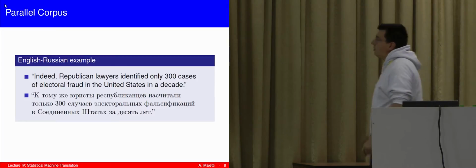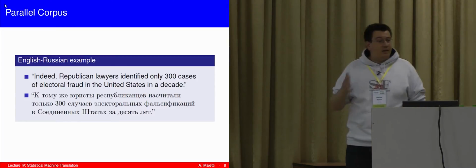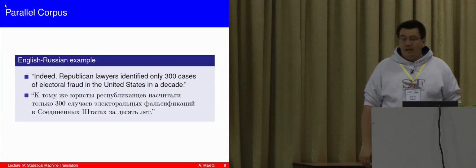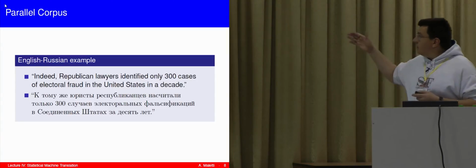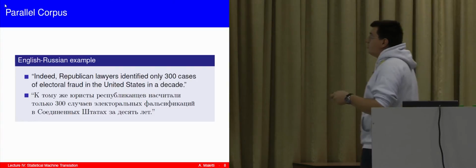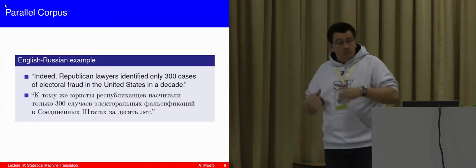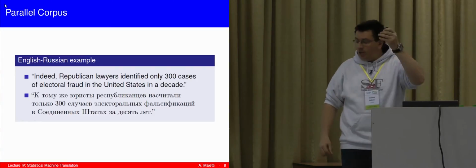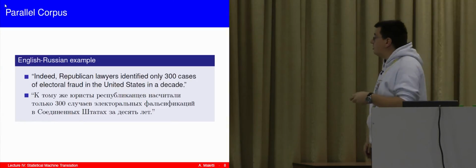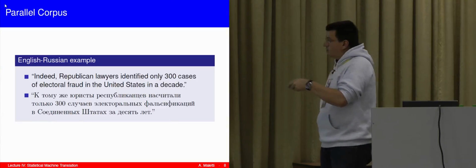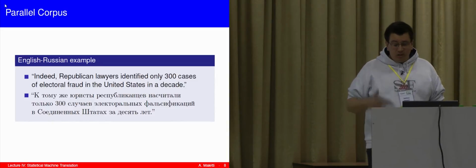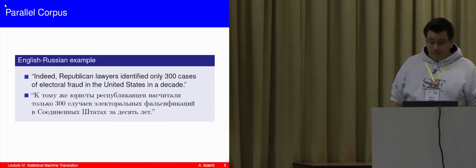Okay. So that's also a reference translation, and in that case, it seems to be a good one. So this is the kind of information that you'll find. Once you align the sentences, so you take two sentences which are translations of each other, you'll have pairs of such sentences. So this is the corpus that you start with.